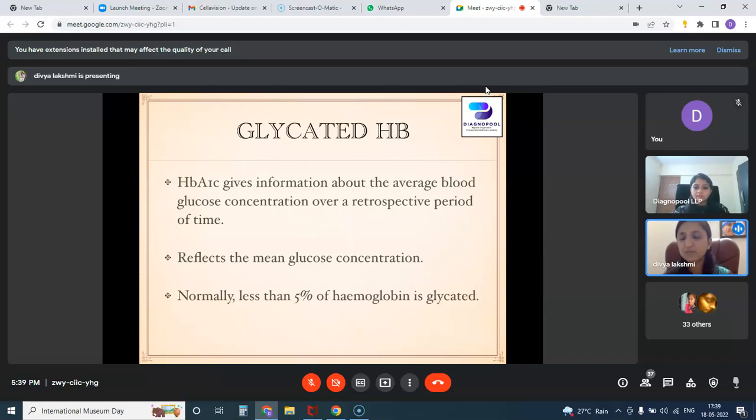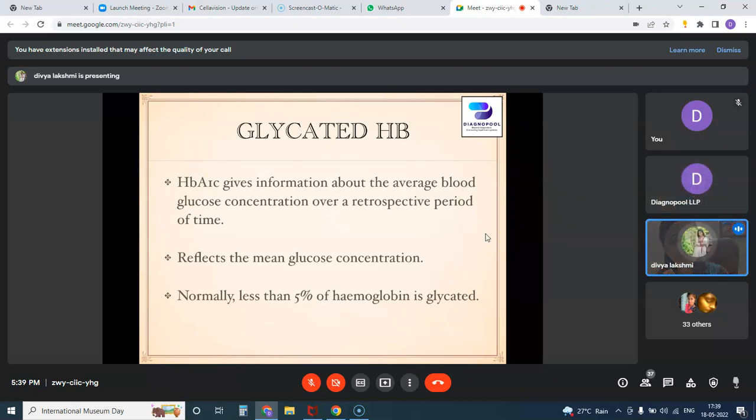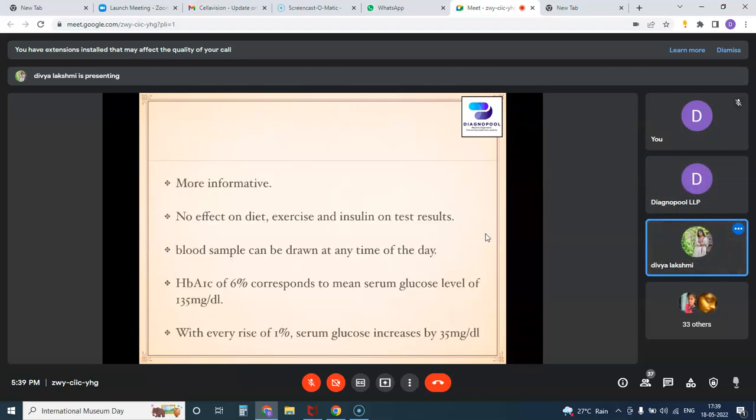Normally, our hemoglobin is 12 to 14 grams percent. In that, 5% of hemoglobin will be glycated. Normally, 5% of hemoglobin will be glycated or less than that. If it is above 6.5% of hemoglobin that is glycated, then we term them as diabetes.